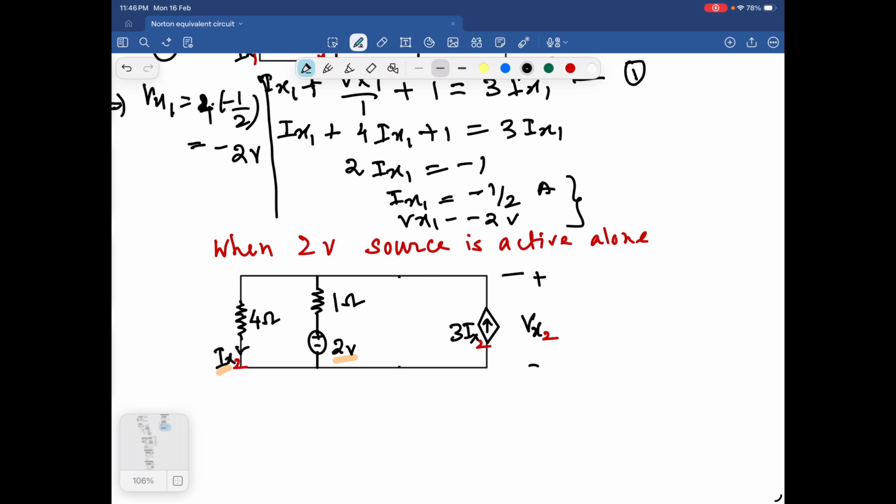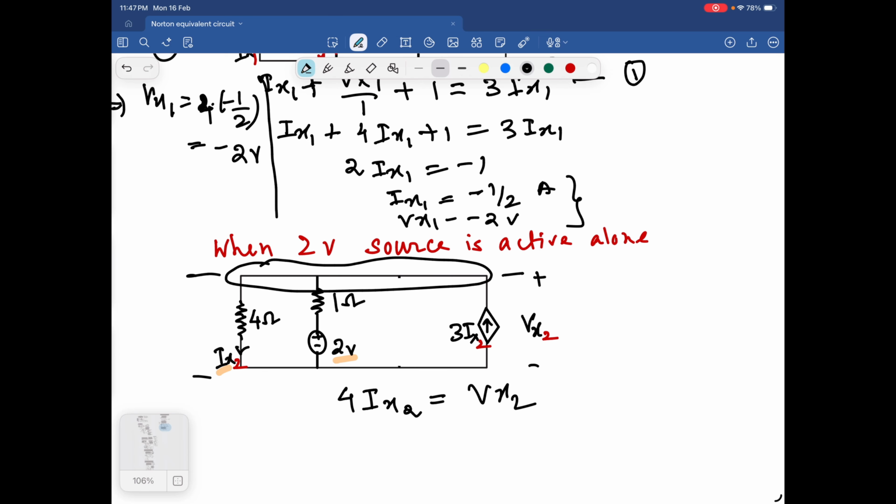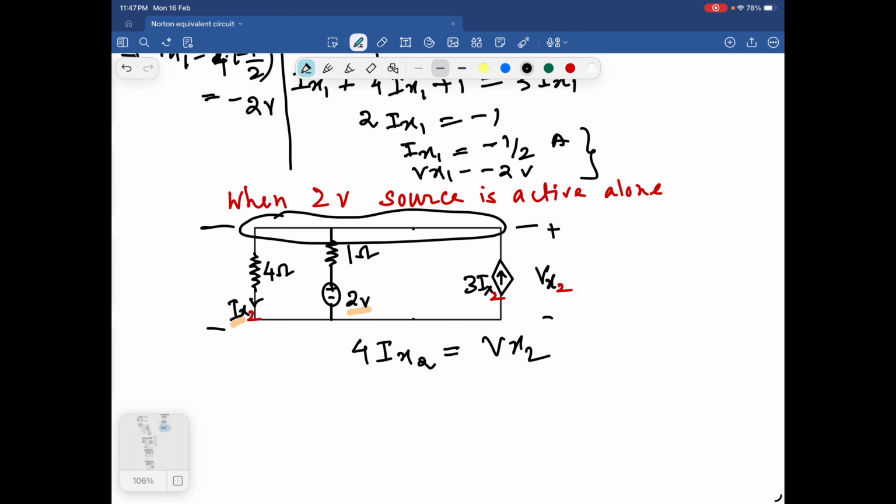So what I can write is 4Ix2 is equal to Vx2, as this again is a single node. So this is one equation.